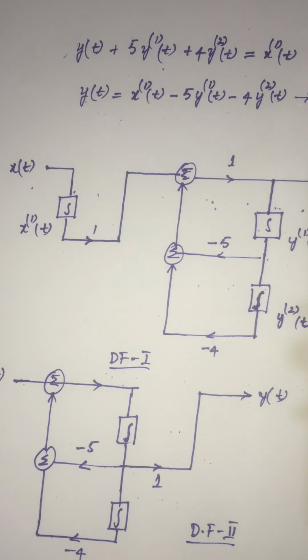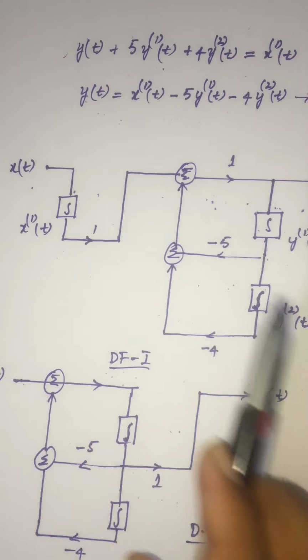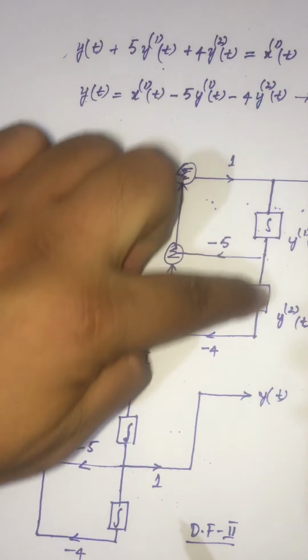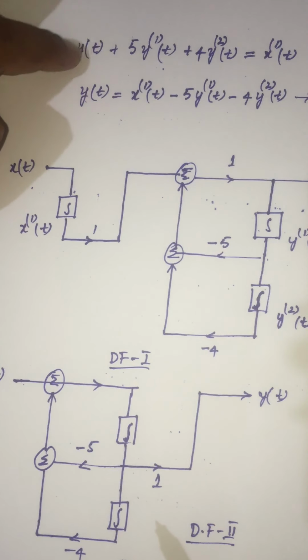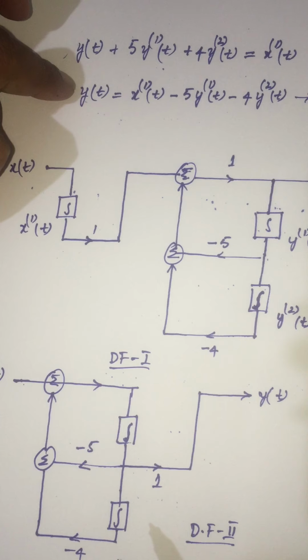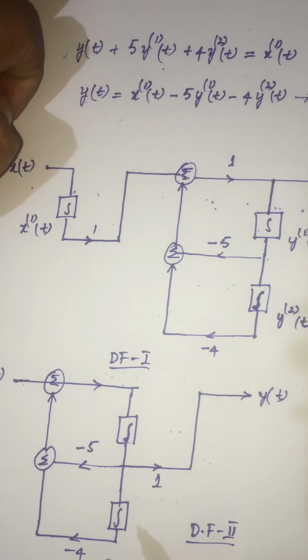In the next, we shall see the block diagram representation of difference equation. See here, we need the integrators. To get the integrators for the given differential equation, we have integrated the given equation based on the maximum degree that has been given in the question.